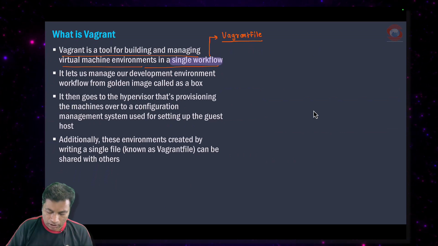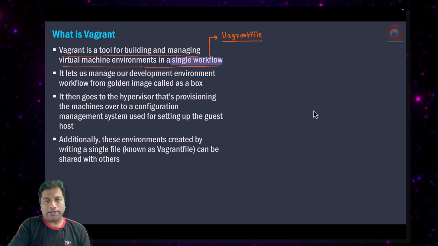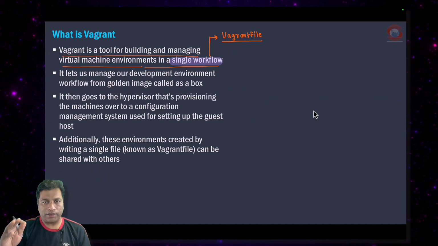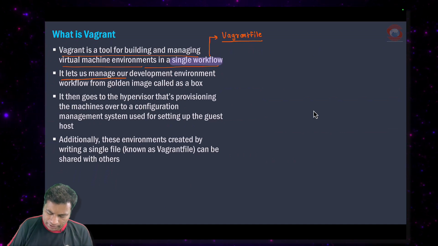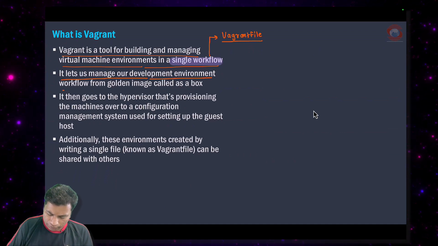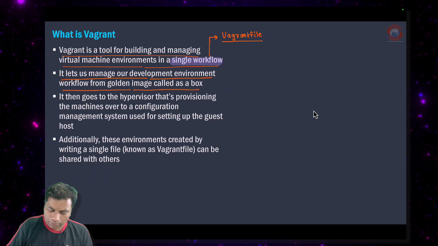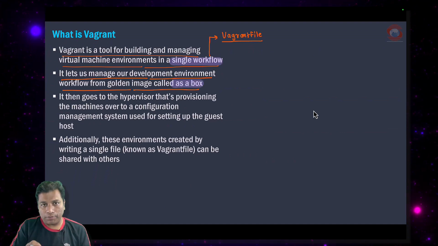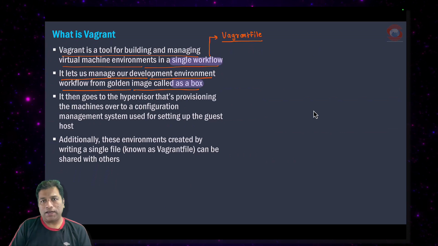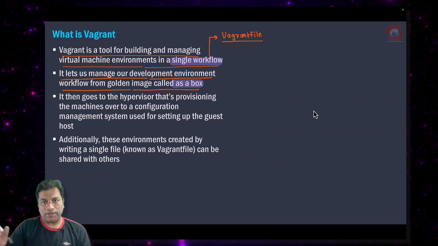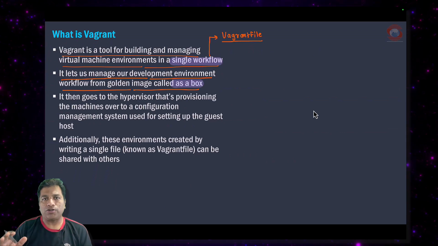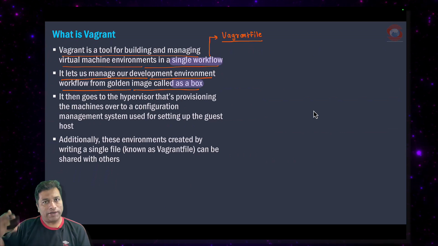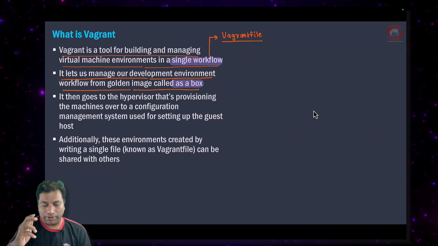Single workflow. Then you ask Vagrant to read that file and the rest of the things will be taken care of by Vagrant. It lets you manage your development environment workflow from a golden image called a box. In the next session, we'll talk about what a box means. But at the moment, a box is something which has the operating system, the disk, the CPU, the RAM. In short, this is the virtual machine which will get instantiated multiple times by Vagrant.